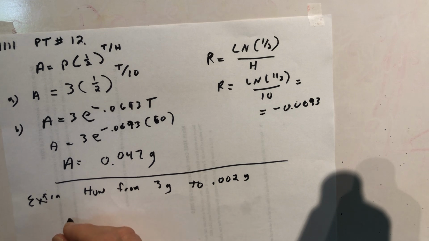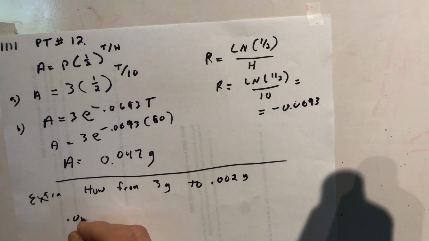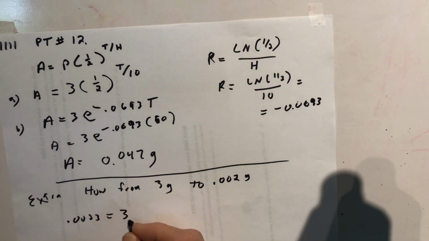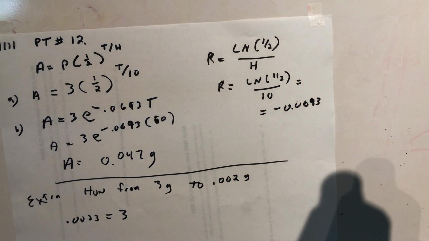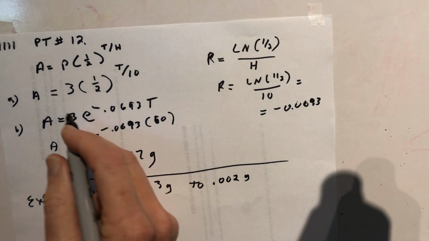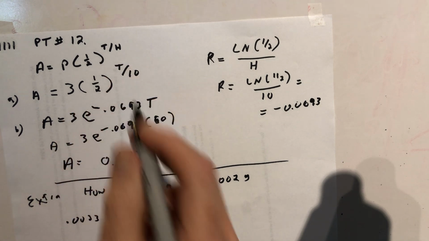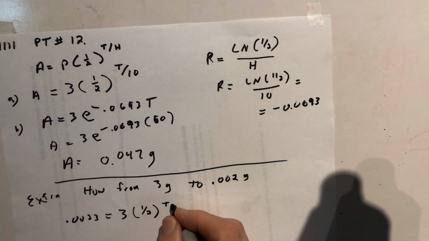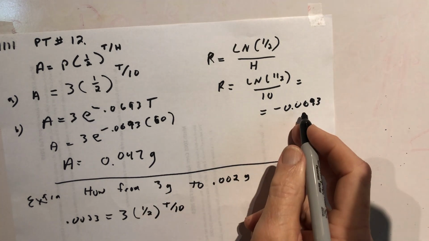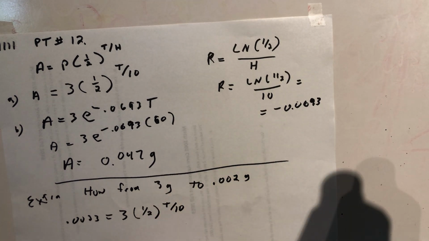So we're going to end up with 0.002 equals, we're starting with 3. Now you can either use the half-life or PERT. I think I'll use half-life. So this would be a half of t over 10. Now if you use PERT, you would put an e here with negative 0.0693 times t.